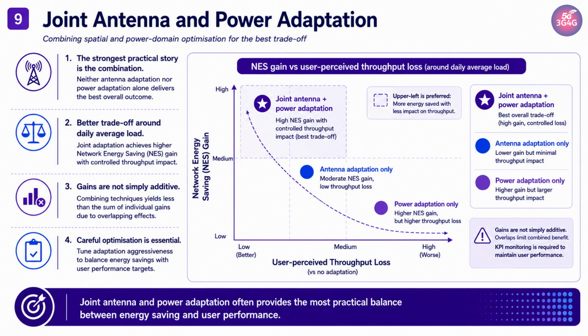That is why careful optimization is essential. The goal is to find the best balance between network energy saving gain with controlled impact on user perceived throughput. Joint antenna and power adaptation often provides the most practical balance between energy saving and user performance.